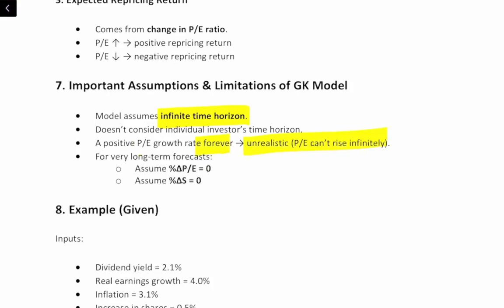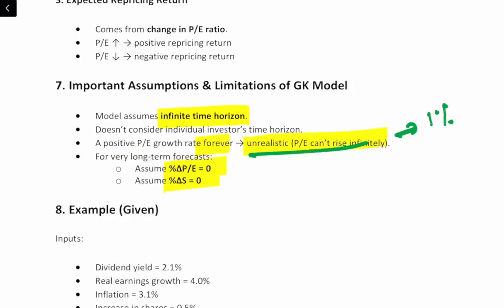So for a very long term forecast, assume that the percentage change in the PE ratio is 0 and the percentage change in the share repurchase is also 0. That is the general scenario, because every time you cannot say that my PE will always grow at the rate of, say, 1%. It's very difficult.